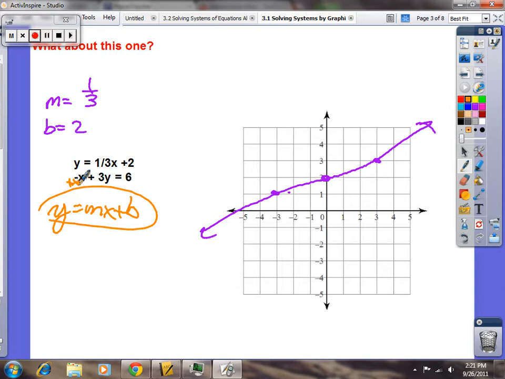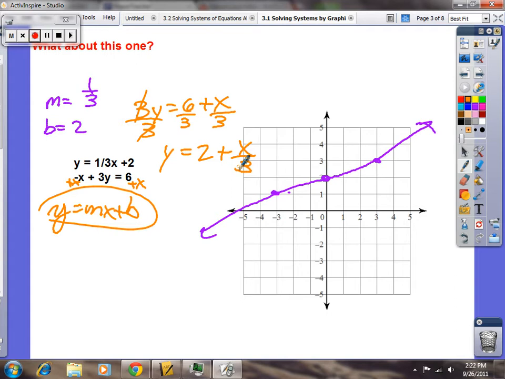Plus x. So you've got 3y equals 6 plus x. Divide each term by 3. 3 divided by 3 is just 1, so you've got 1y. 6 divided by 3 is 2. And x divided by 3 does not simplify, so just write x divided by 3.